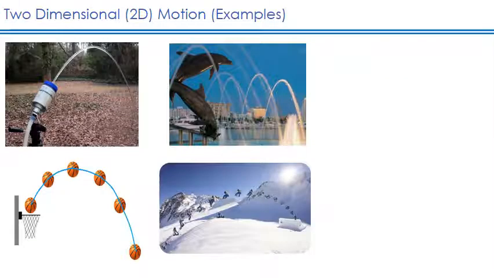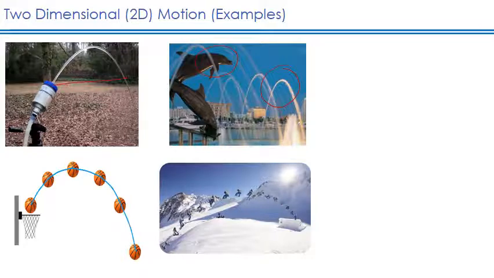So we will study the two-dimensional motion of certain objects. You can see some examples. When water from a pipe emerges at an angle with the horizontal, it doesn't continue its path in a straight line, but it changes its direction. The mountains you can see, and the dolphins, make a path which is not a straight line.